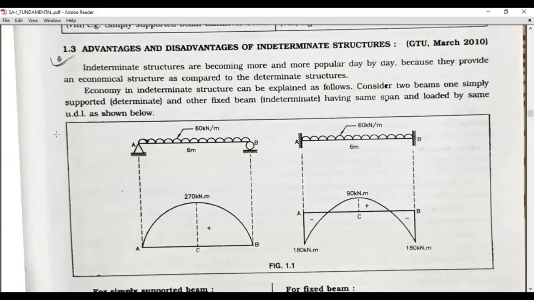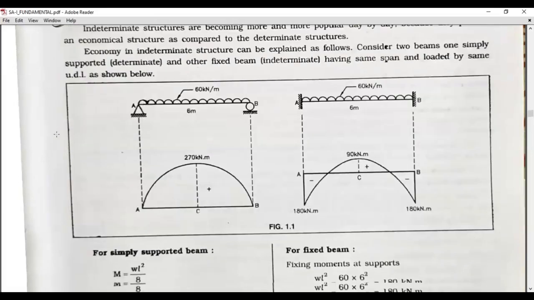Economy in an indeterminate structure can be explained as follows. Consider two beams, one simply supported and another fixed beam, having the same span and loaded by the same UDL as shown in the figure.